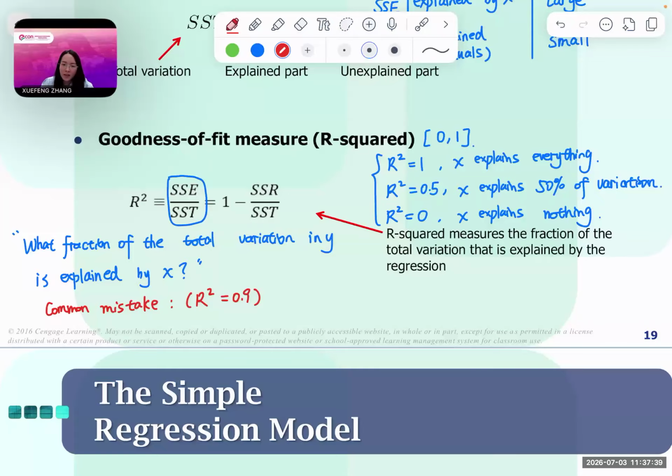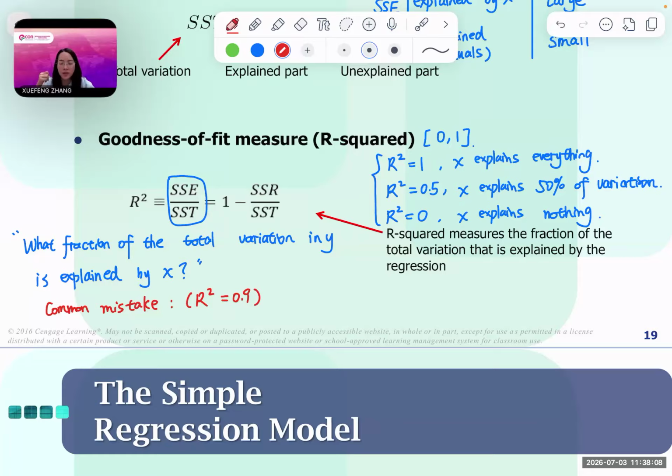It means X explains 90% of variation in Y, but causation still needs our condition, expectation of u given X equals 0. So R squared only means how much X explains Y. It doesn't mean our model is correct.